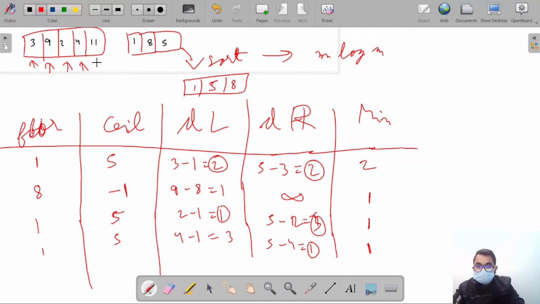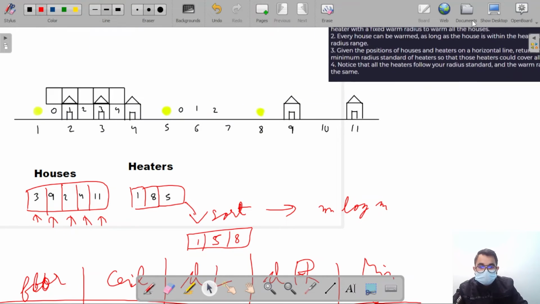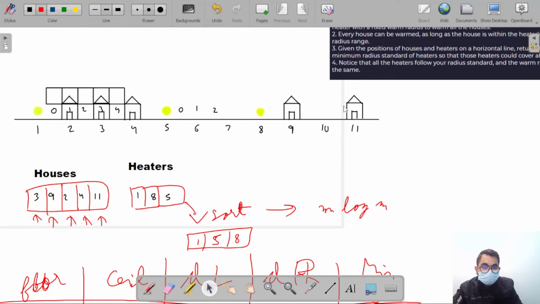Now I am at the last house, the 11th house. Floor will be 8. Ceil will be minus 1 because there is no possible answer here. You remember the houses, it was like this. This is my 11th house.